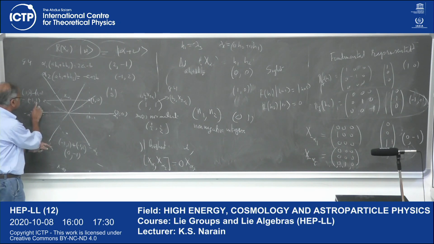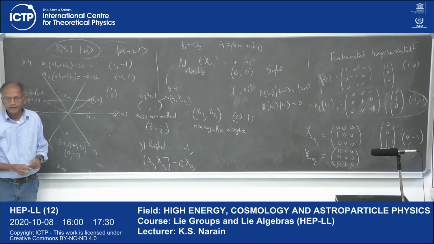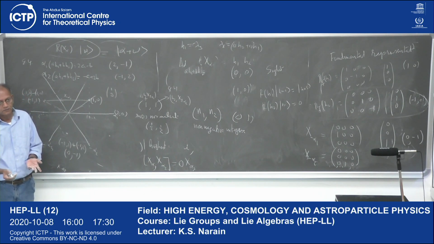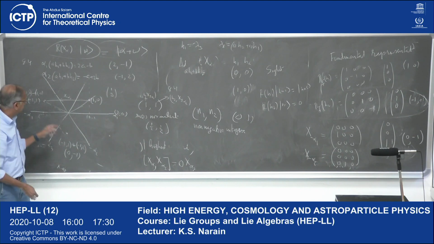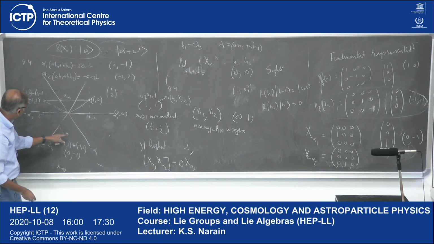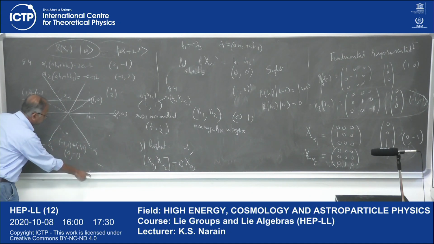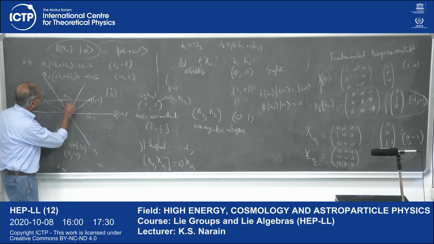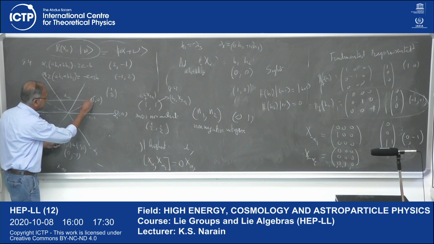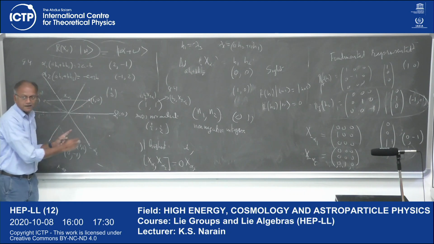The H2 eigenvalue is 1, which means it is spin half. That is why you need to apply X minus alpha 2, and then you get this state here. This is again a doublet. You cannot further apply X minus alpha 2. And in fact, if you apply X alpha 3, you get there. So this is a nice picture here.